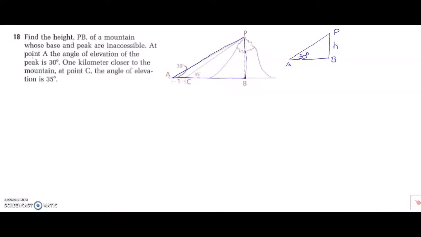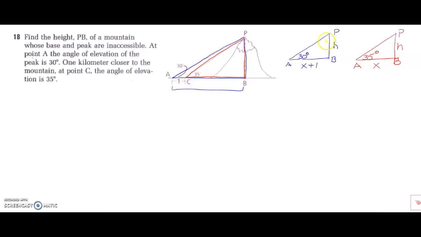And then let's look at this red triangle here. That's still going to be the height of the mountain. It doesn't matter. The mountain doesn't grow or shrink if we move. So the height will stay constant. So if we let this value, AB, be x, then this out here becomes x plus 1.